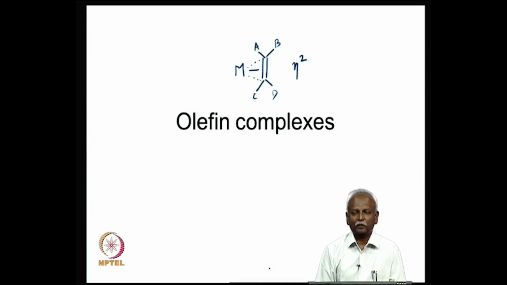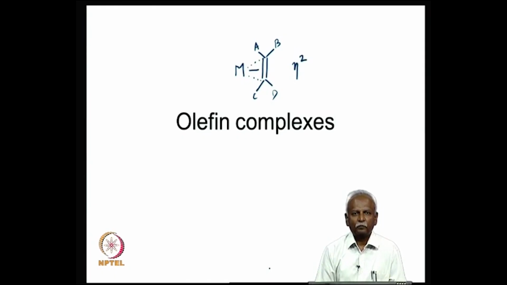So, let us take a look at some of these complexes. It is interesting that there is a very similar bonding pattern between olefins and metals and carbon monoxide and metals. The give and take of electrons that we discussed with metal carbonyl complexes exists with metal olefin complexes also.